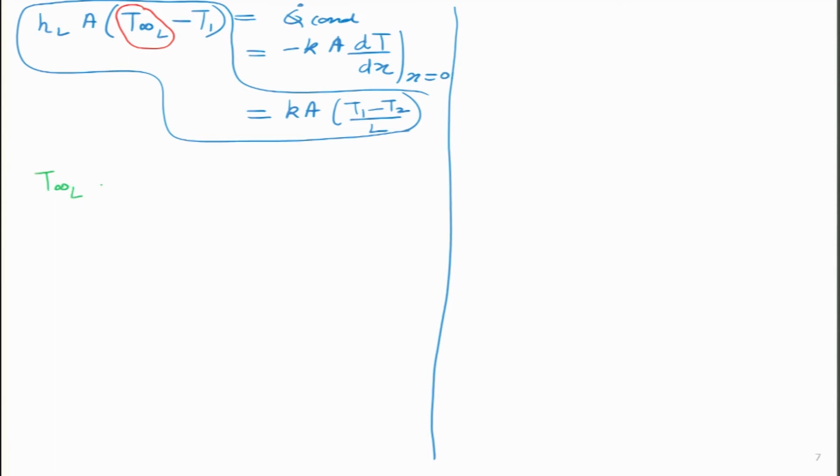Because this is a very simple equation, A will get cancelled out on both sides, HL will go in the denominator. So, what we end up getting is HL in the denominator, we will have HL multiplied by capital L, and this T1 will go on the right hand side.